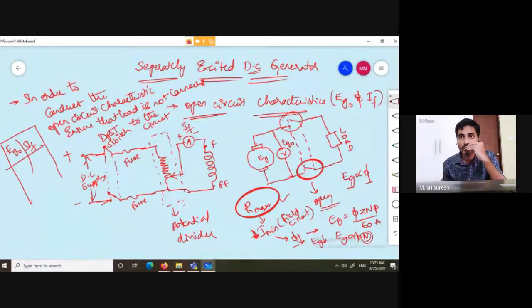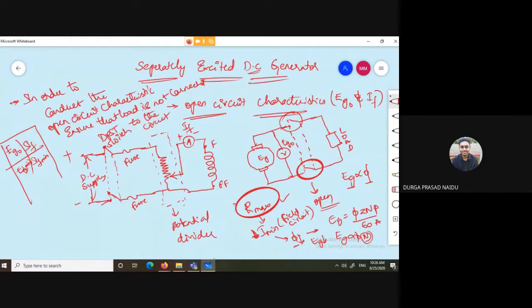Ensure that the load switch is in open condition. It indicates minimum values, IF minimum and EG naught minimum. These are low values because the potential divider resistance is at the maximum resistance position.